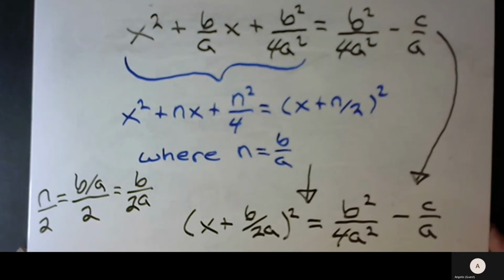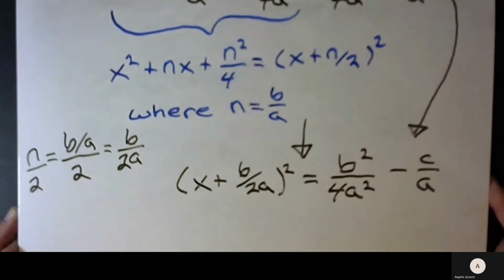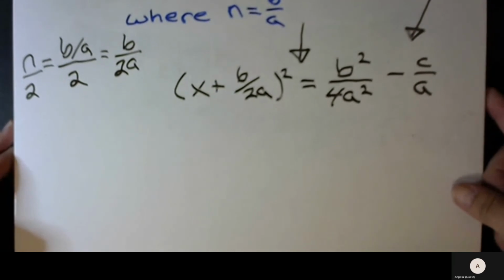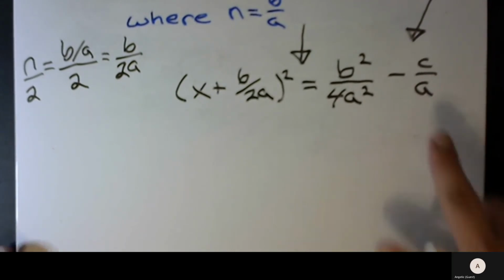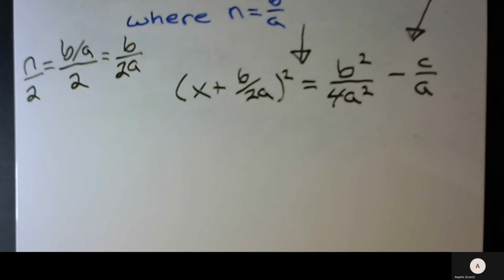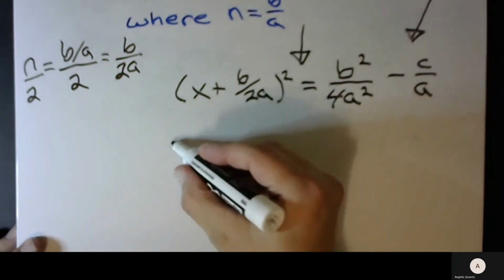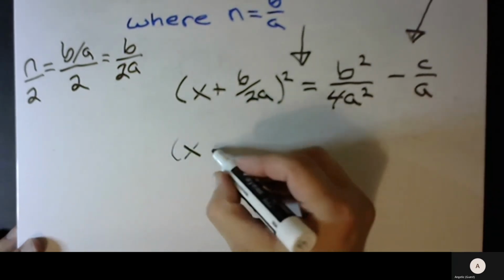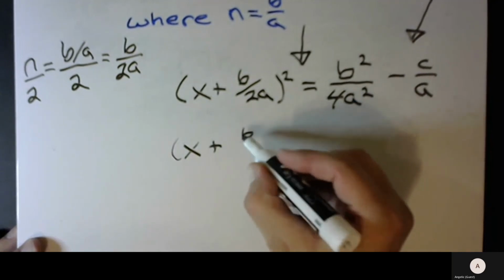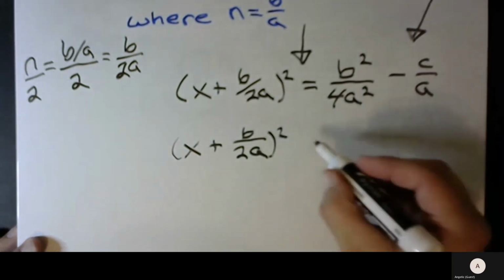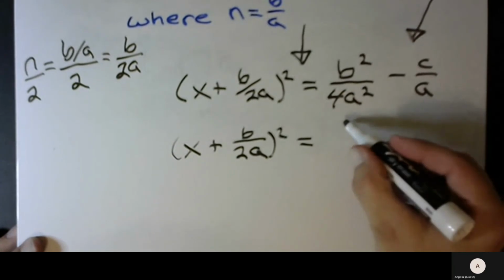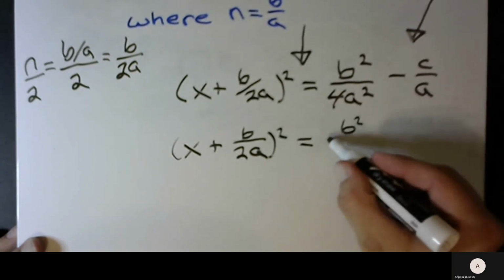Now, the next part, we're going to look at this right side. We want to combine these two fractions. So we'll take x plus b over 2a, and this will stay the same.